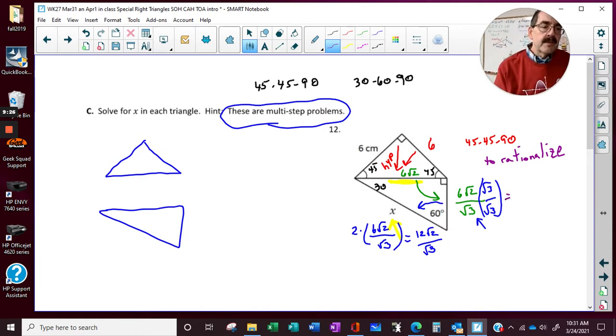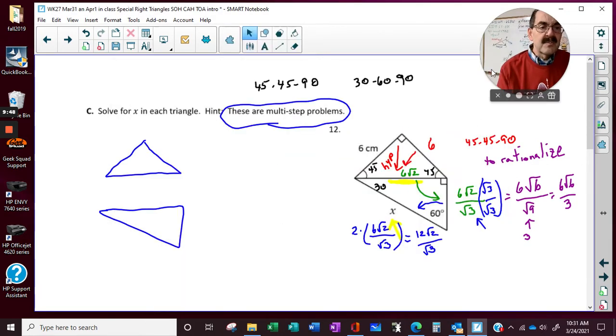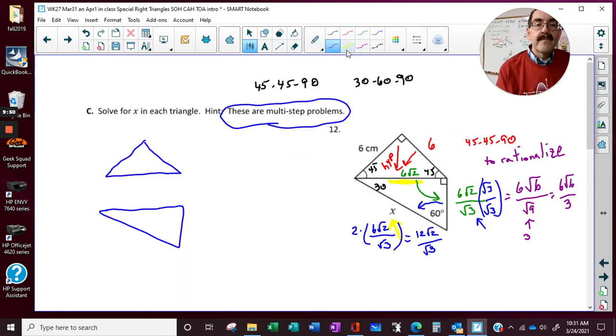So a better answer here is 6 radical 6 over radical 9. And we know that the square root of 9 is 3. 6 radical 6 over 3. And we can simplify this to a 2. So the best answer is 2 radical 6.